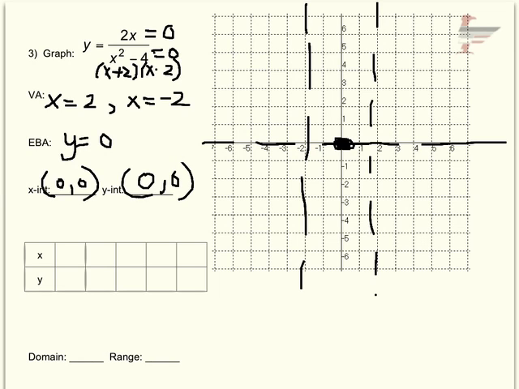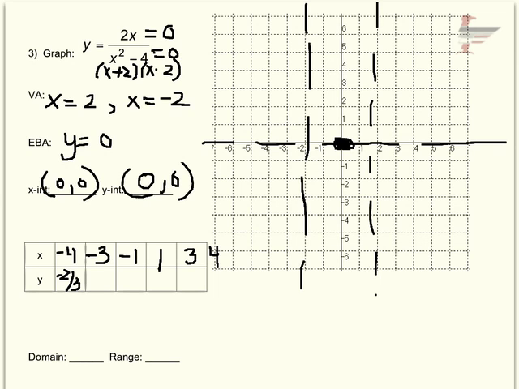So I have 2 vertical asymptotes, hence I'm going to have 3 pieces of graph, so I better test enough points to get an idea for what it looks like. So I would probably do -4, -3, -1, +1, and then maybe 3 and 4. So when you plug -4 in, you get -2/3.